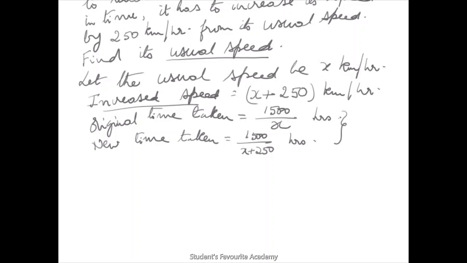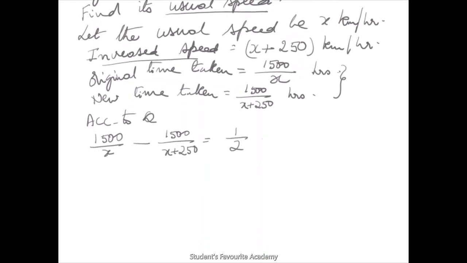So according to the condition of the question, 1500 upon x minus 1500 upon x plus 250 is equal to half an hour, right? Now again we'll have to simplify.